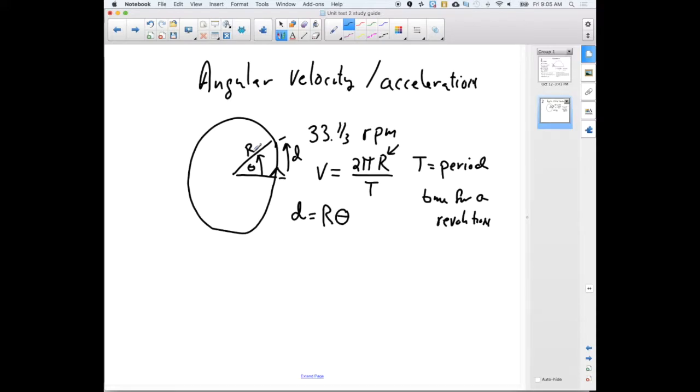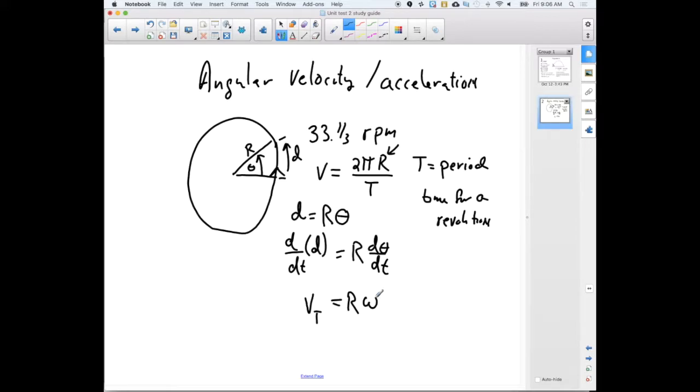If I want to know how fast a point is going at the edge of the wheel, I would say that the derivative with respect to time of that displacement is equal to the radius, which is not changing, times the rate at which the angle is changing. We know this is just the tangential velocity, the instantaneous velocity of a point. That's equal to the radius times omega, a Greek letter omega.